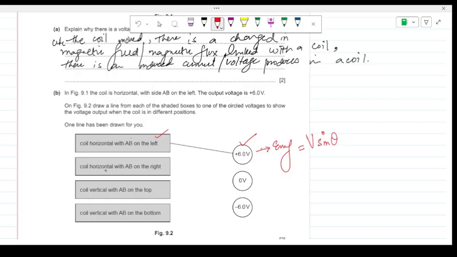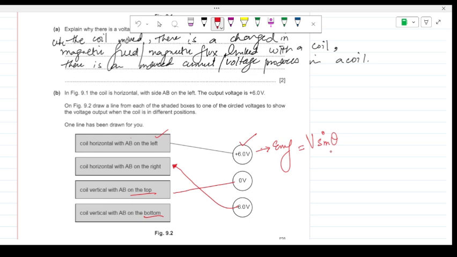For the coil horizontal with AB on the right side, as we have discussed, the direction changes, so the value of the voltage will be negative. For the top side and the bottom side, there will be no induced EMF because the sine theta parameter is zero.